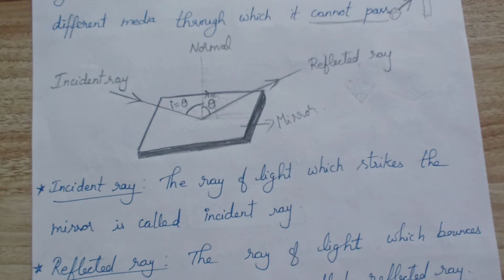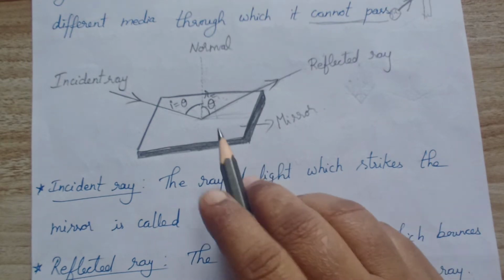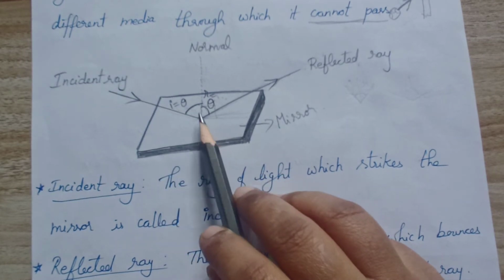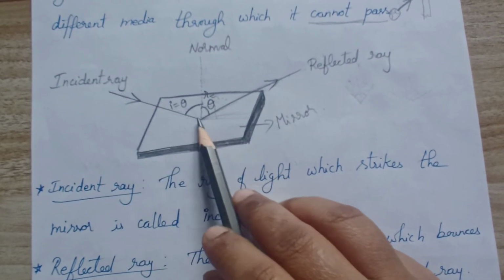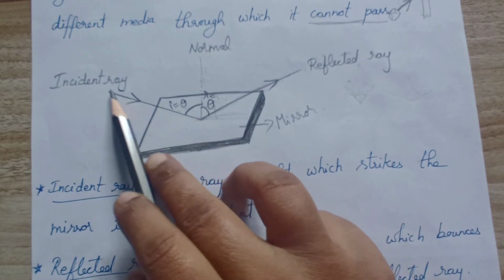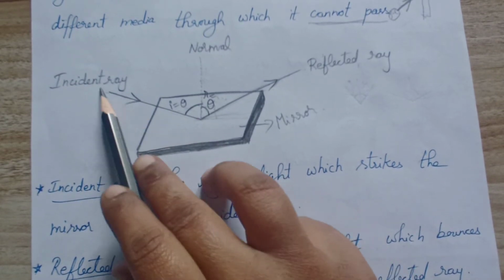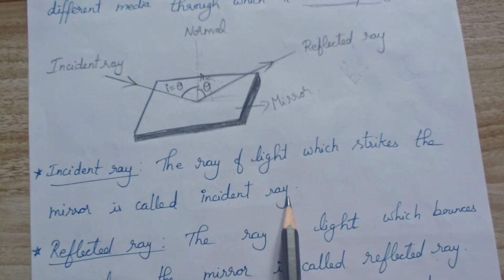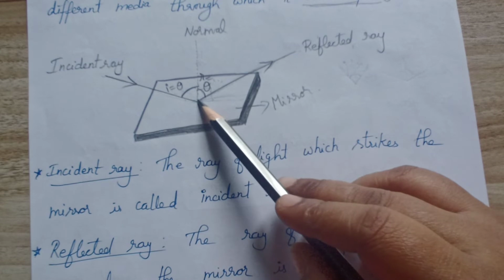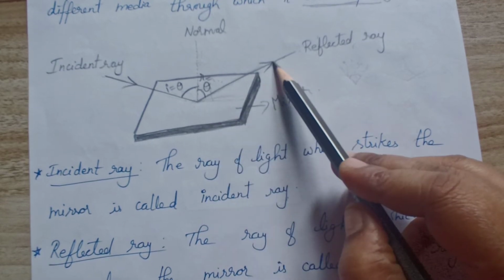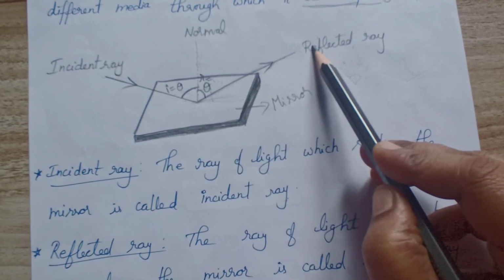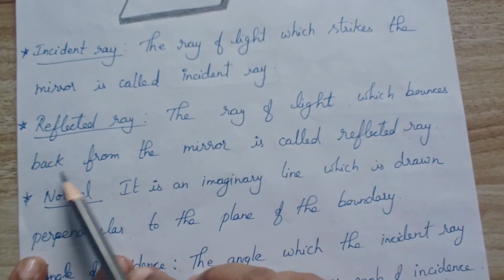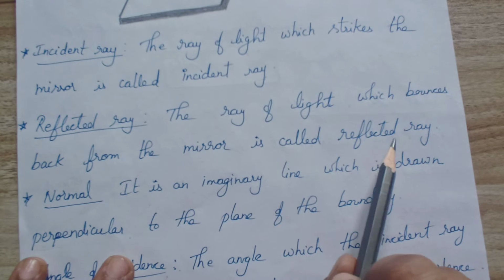So here your medium or boundary is the mirror. The ray of light which strikes the mirror is called the incident ray, and the ray which bounces back from the mirror is called the reflected ray.